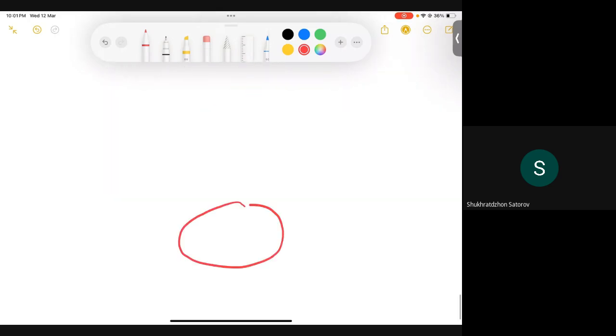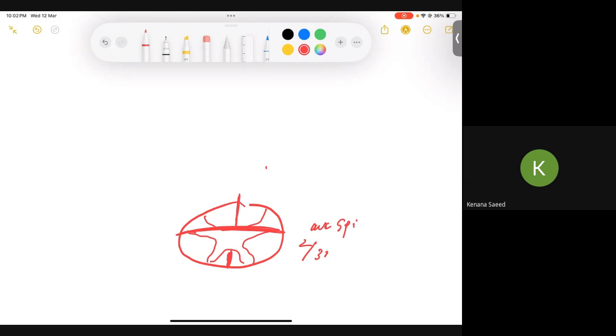For example, you have the spinal cord. So you have the anterior spinal artery moving here. You have a sulcus, and in this sulcus you have the anterior spinal artery, which is supplying 2/3 of your spinal cord. And you have two posterior spinal arteries, one on this side and one on this side.